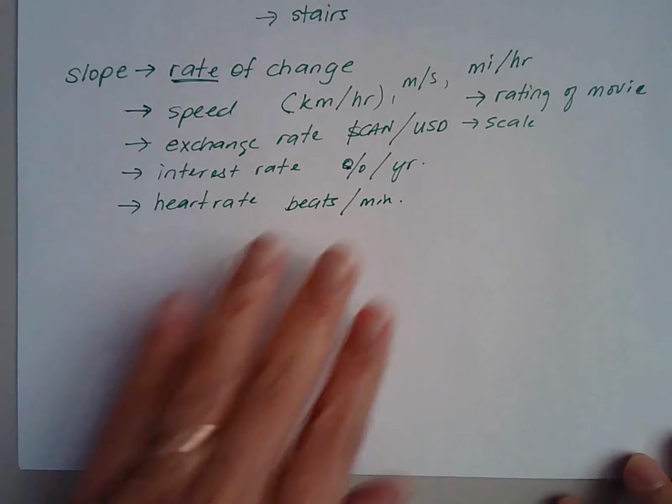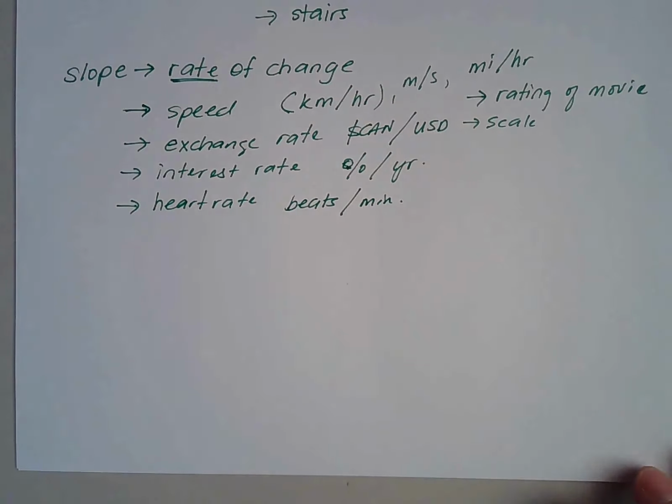Do you notice something going on in here? All of them have a slash. What else do you notice? They all have a counterpart, like a measurement, an X and a Y. I don't know where that X and Y are coming from.